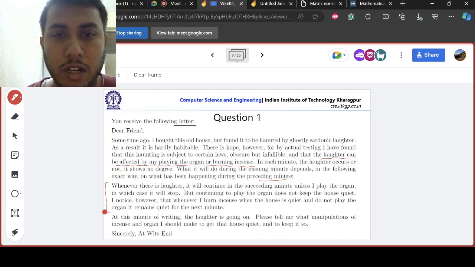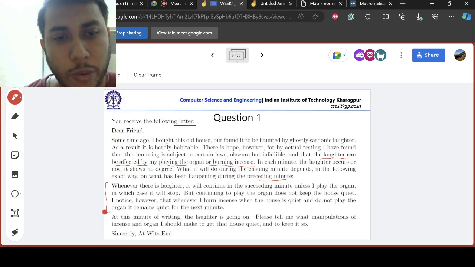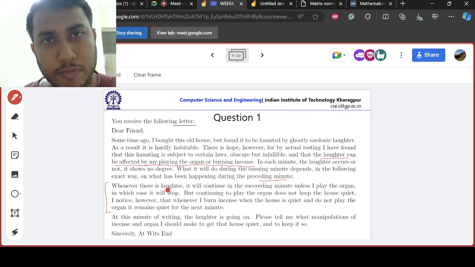I notice, however, that whenever I burn the incense when the house is quiet and do not play the organ, it remains quiet for the next minute. At this minute of writing, the laughter is going on. Please tell me what manipulation of incense and organ I should make to get the house quiet and to keep it so.